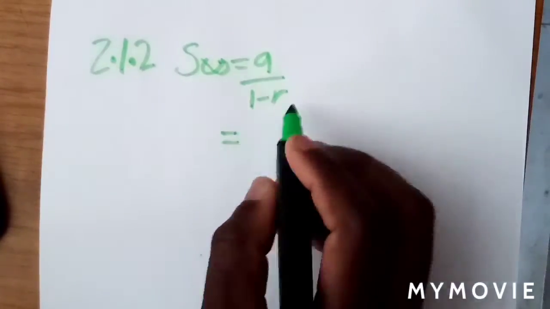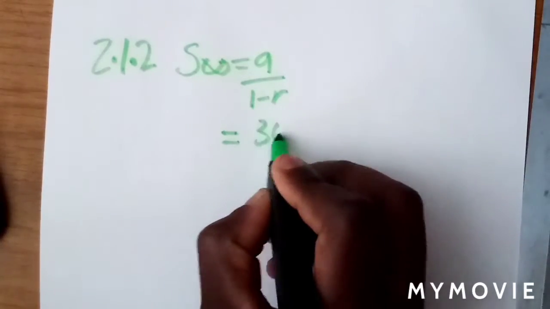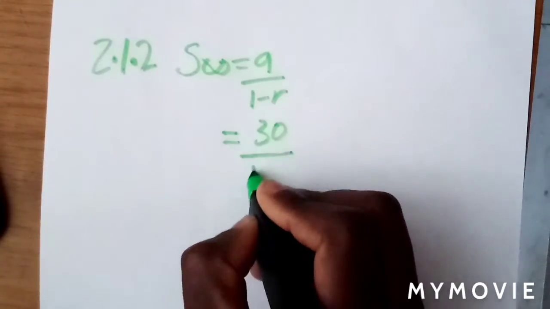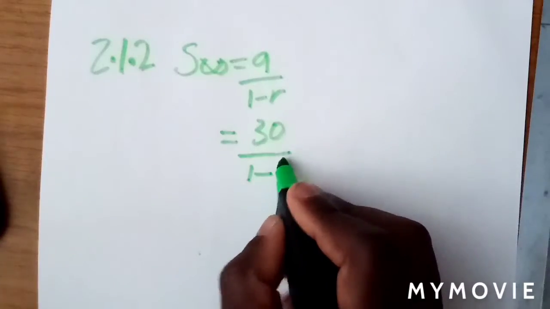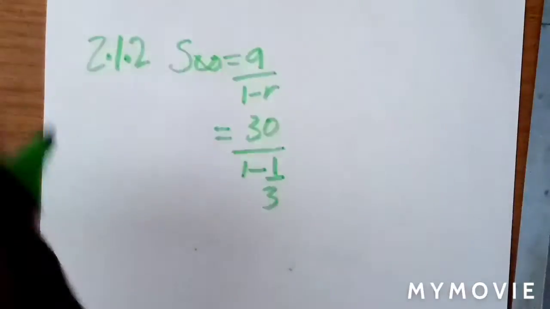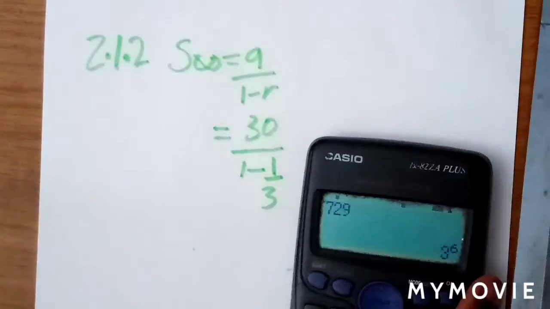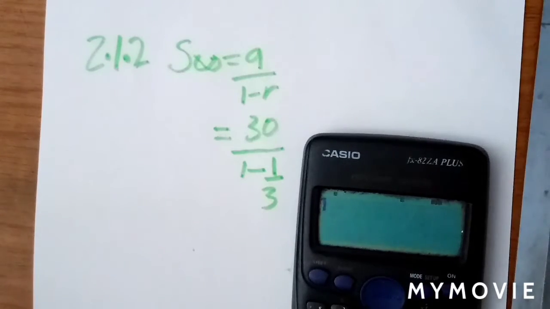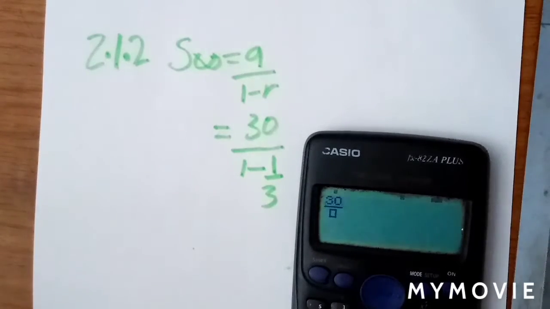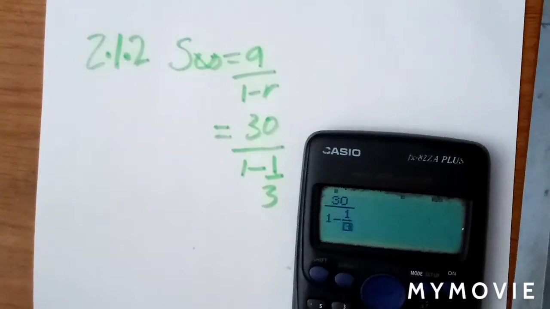It is equal to our a, which is 30, divided by 1 minus 1 over 3. Punch it on your calculator: 30 divided by 1 minus 1 over 3.